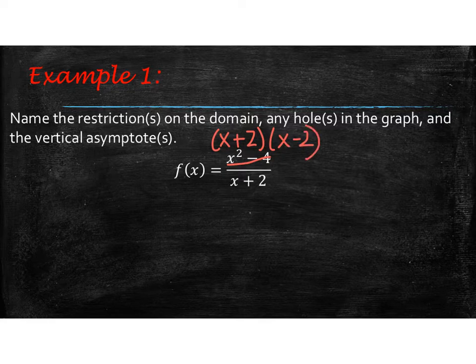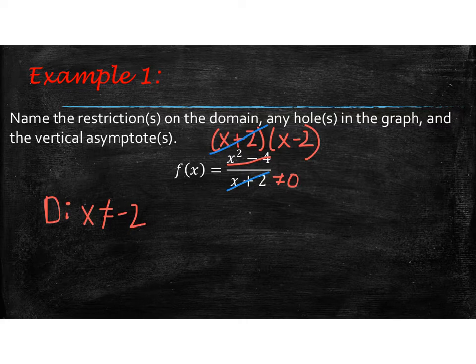Before you start canceling, go ahead and write down what your domain is. Your domain is setting that denominator not equal to 0. So that's going to be x cannot equal negative 2. Then you're going to cancel, if you can, any common factors. And I can cancel x plus 2 over x plus 2.